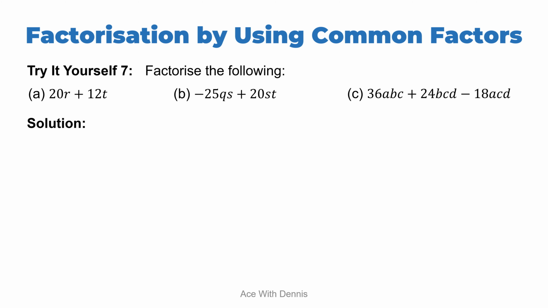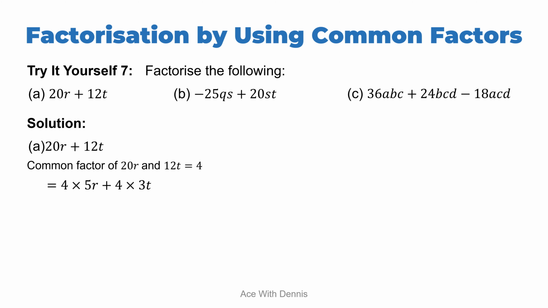Alright, here is the solution. For A, 20r plus 12t. The common factor of 20r and 12t is 4. So we can write as 4 times 5r plus 4 times 3t. Factorize, we get 4 bracket 5r plus 3t. For B, negative 25qs plus 20st.